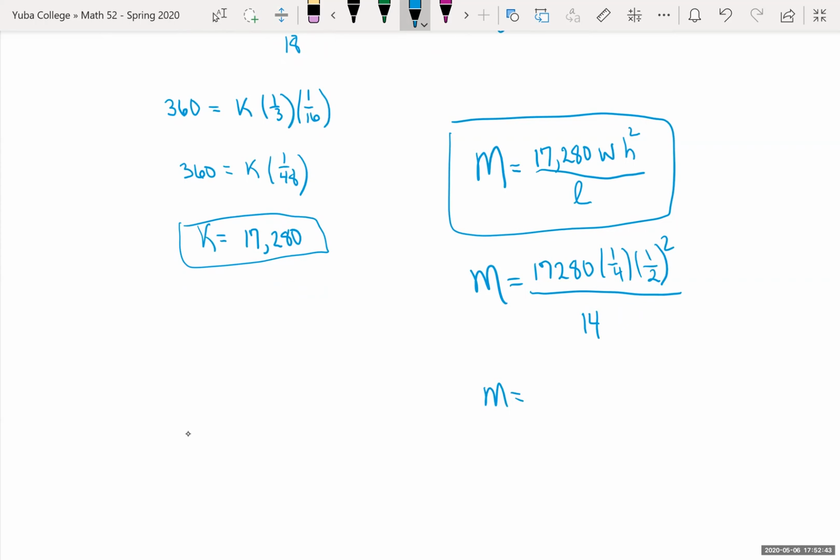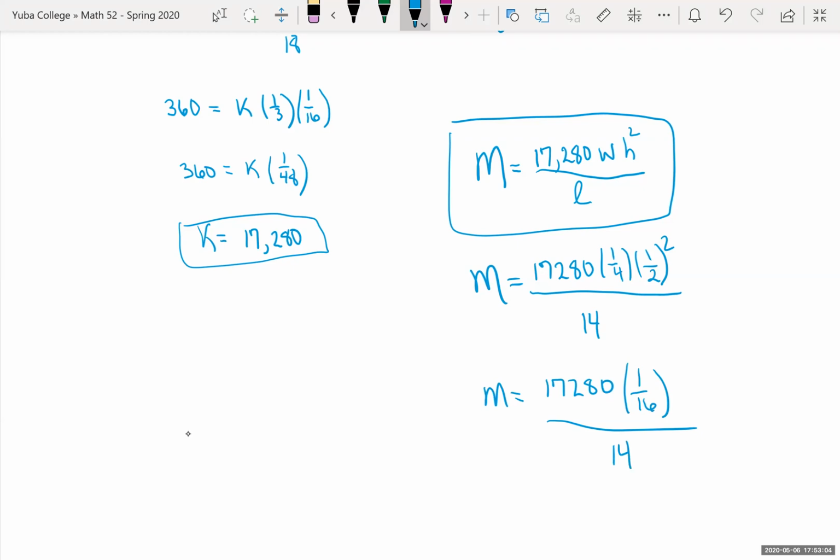So I have 17,280 times 1/4. Well, 1/2 squared is 1/4 too. So 1/2 times 1/2 is 1/4. 1/4 times 1/4, so that's 1/16, divided by 14.